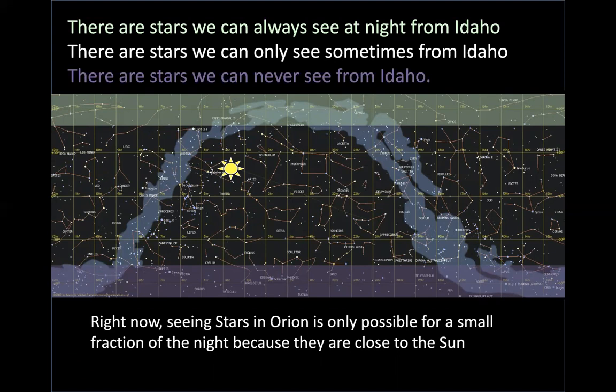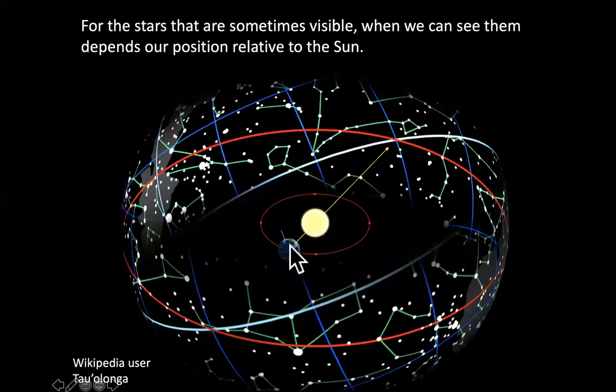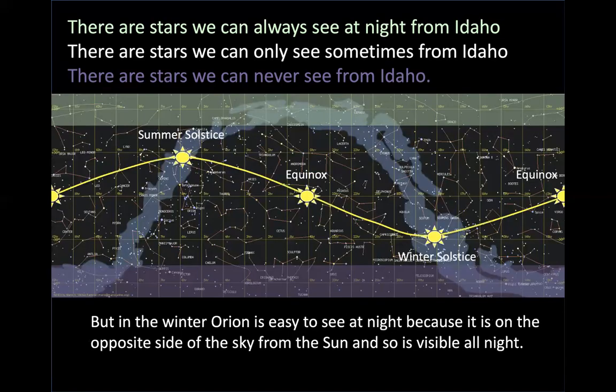The thing is, which stars the sun is near changes over time, because over the course of a year, the Earth moves around the sun. And so which stars are basically behind the sun changes. And the sun, in fact, over the course of a year, moves through the sky following a path called the ecliptic.